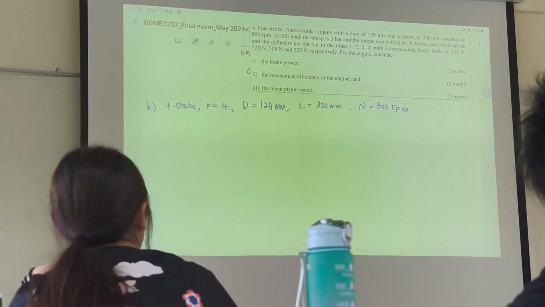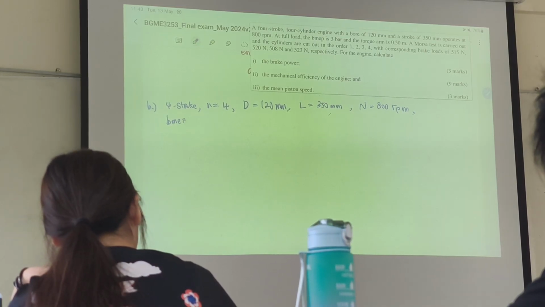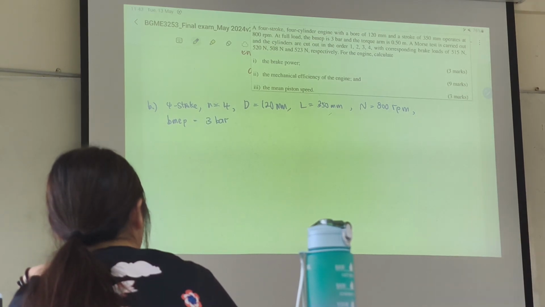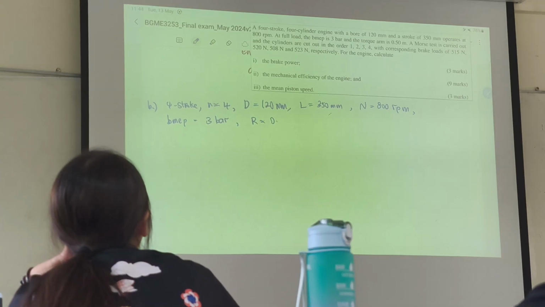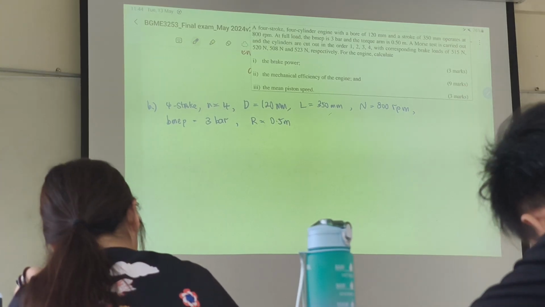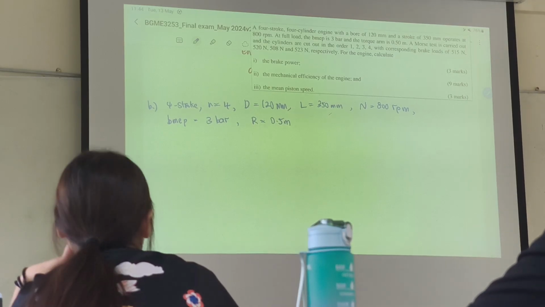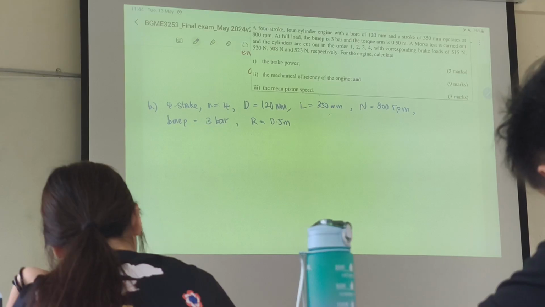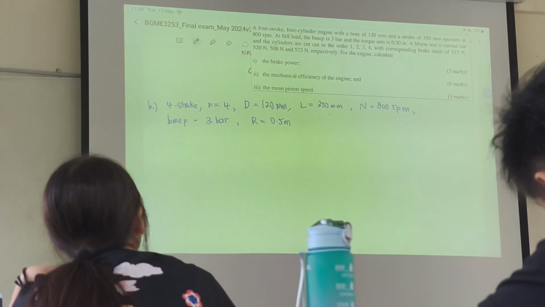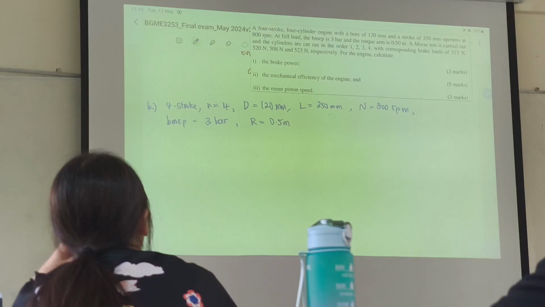At full load, the BMEP is 3 bar, and the torque arm is 0.5 meter. You are given a Morse test this time, and the cylinders are cut out in the order 1, 2, 3, 4 with corresponding brake loads of 550 Newton, 520 Newton, 508 Newton, and 523 Newton respectively.